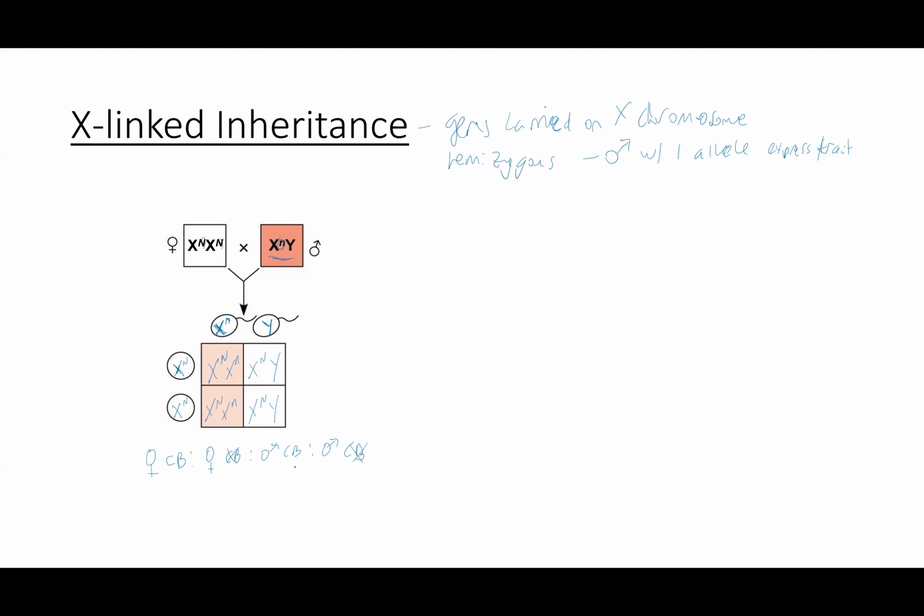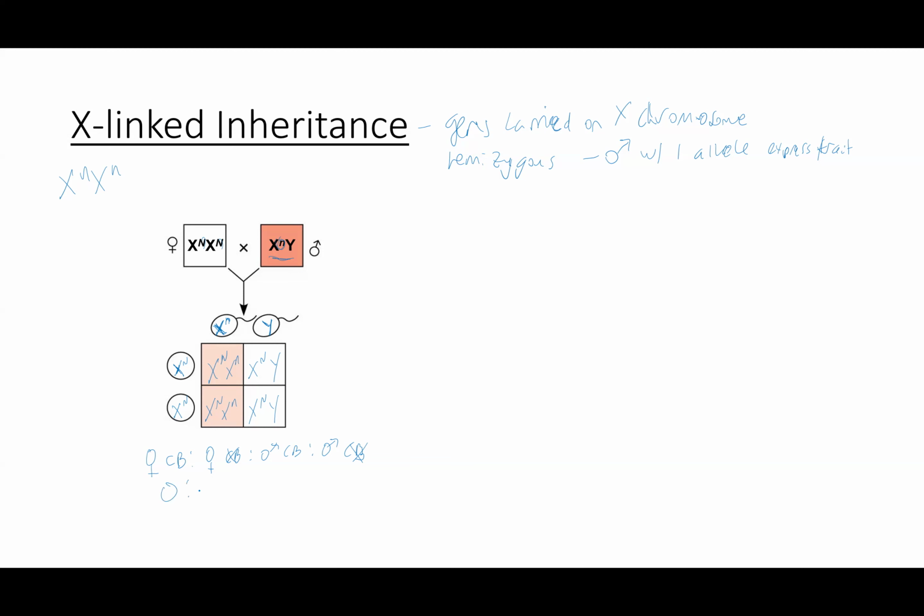Of these offspring, how many are female? Two. How many of them are colorblind? Zero, because a female has to inherit two X chromosomes with the recessive allele. So we have no colorblind females.